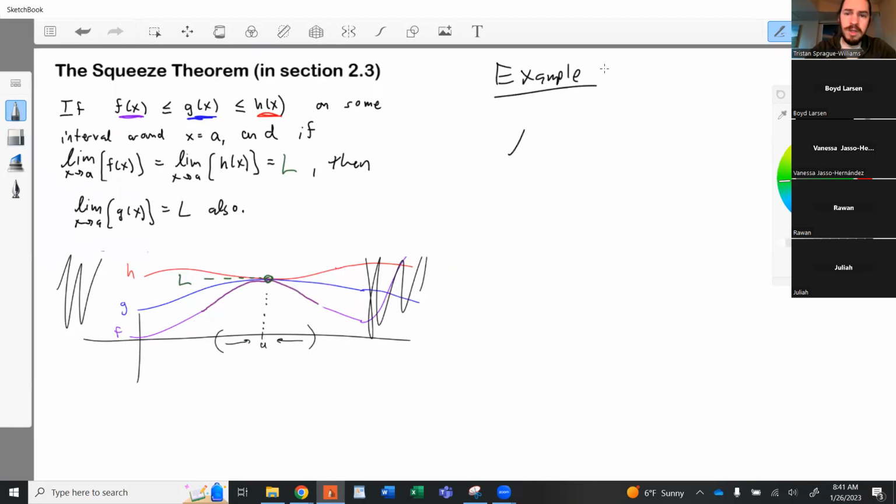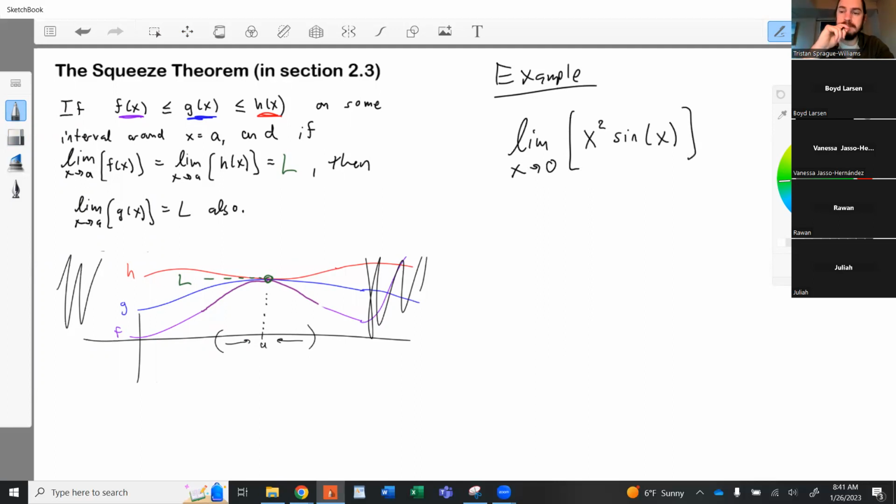Let's look at the limit as x approaches 0 of, what is the example I want to do? Hang on. I think it's x squared times sine of x.